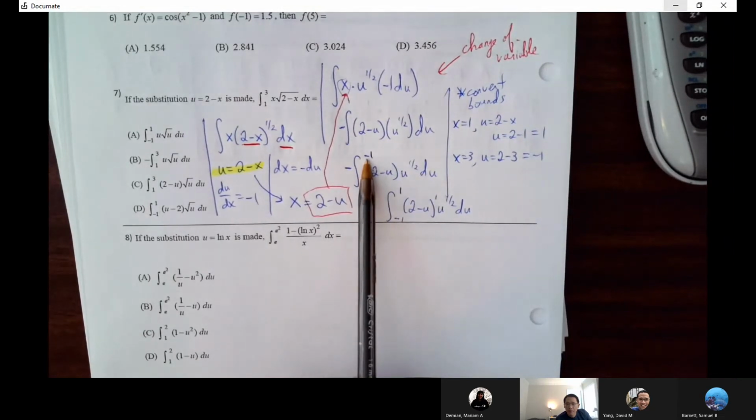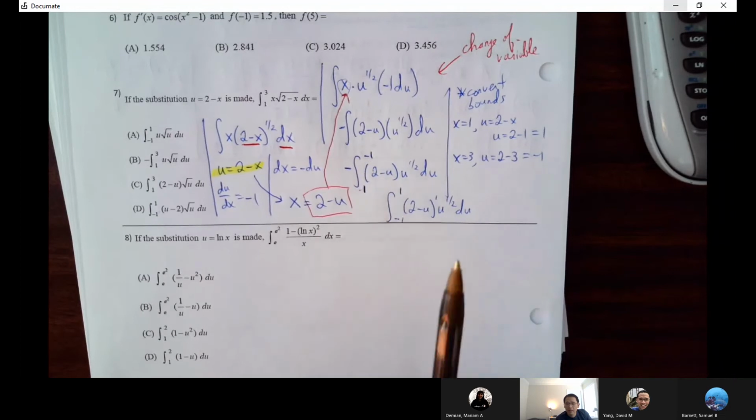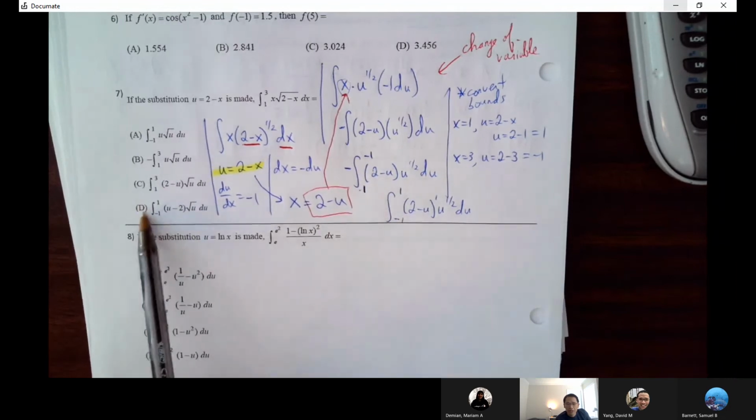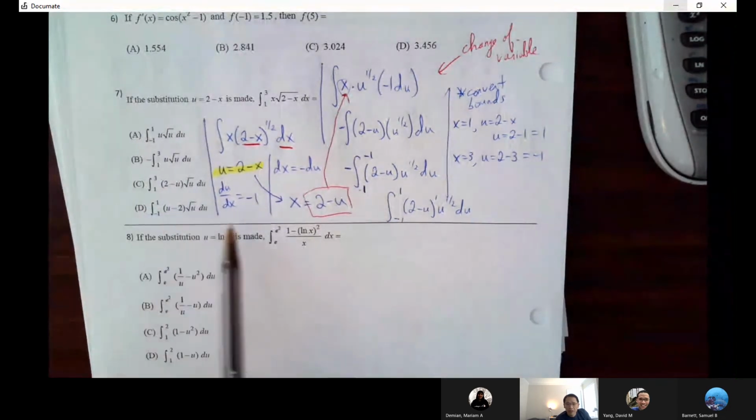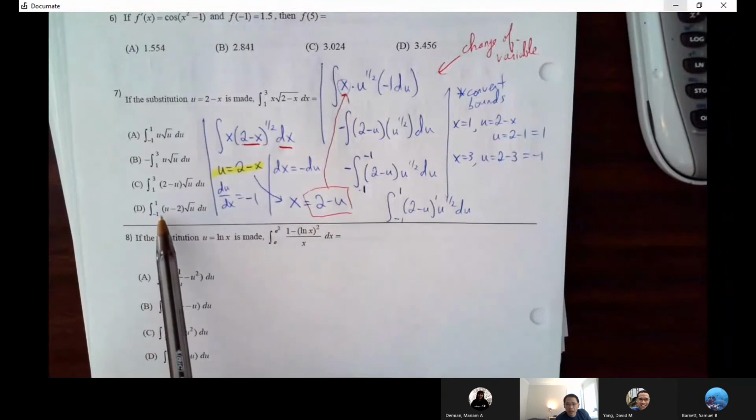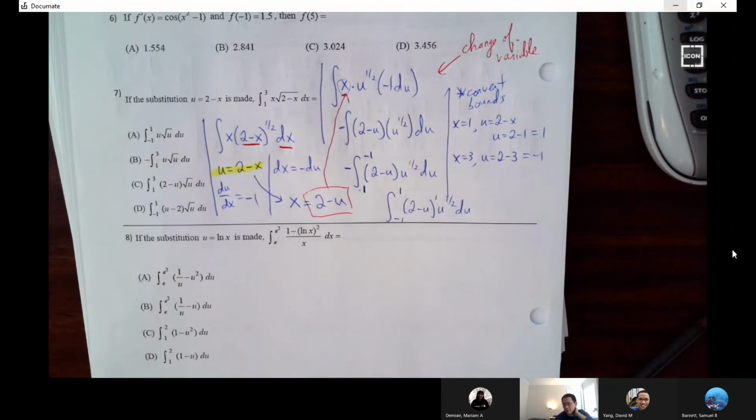Upper bound, -1. Okay, let me look at this a little further. It should be D. It's pretty close to D, but for some reason, I'm not quite getting that result. So I may be missing something.